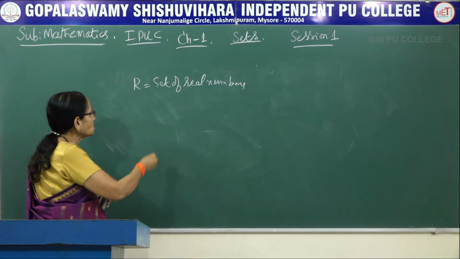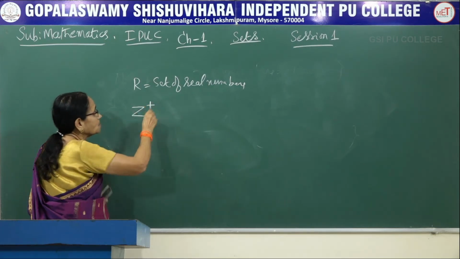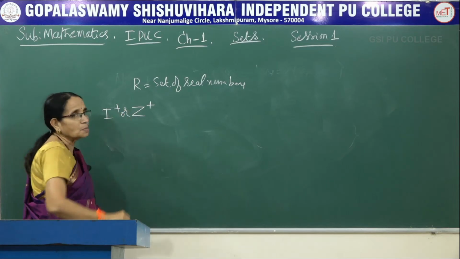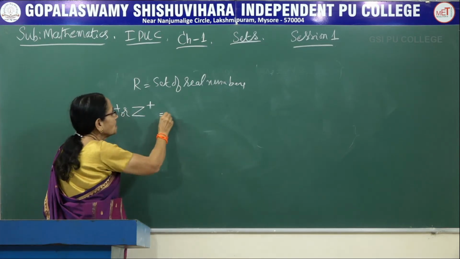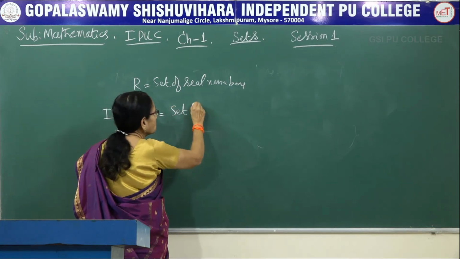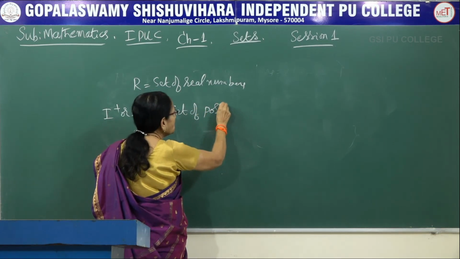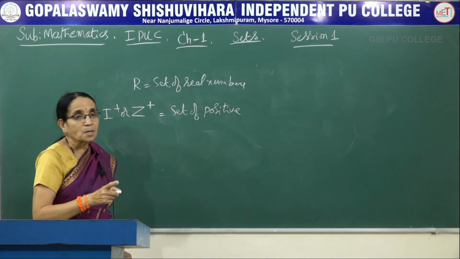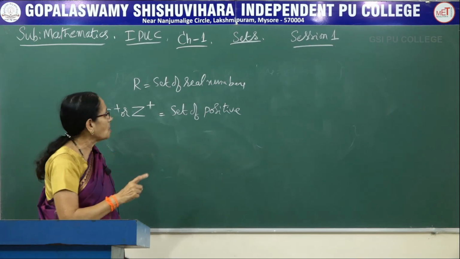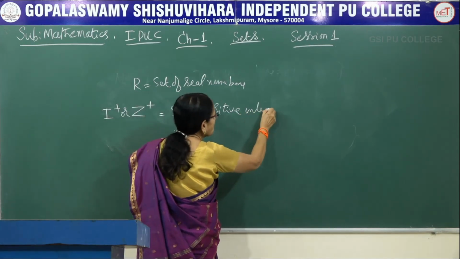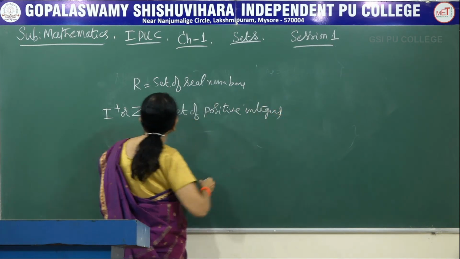Sometimes we use Z plus like this, or I plus. What do you mean by this? It is the set of only positive integers. Suppose I write only Z here, it includes negative integers also. So here only the set of positive integers.